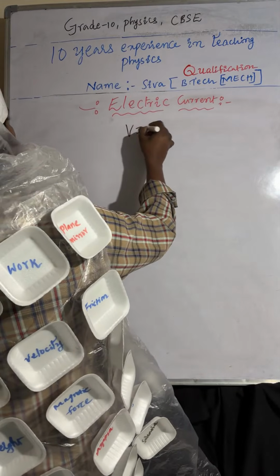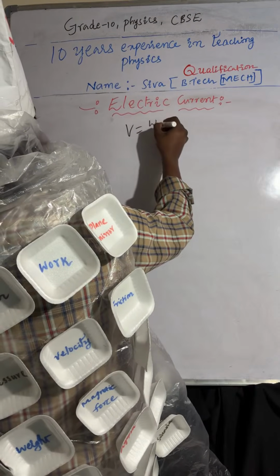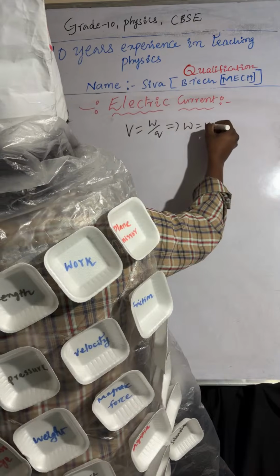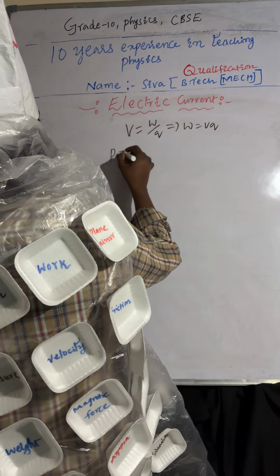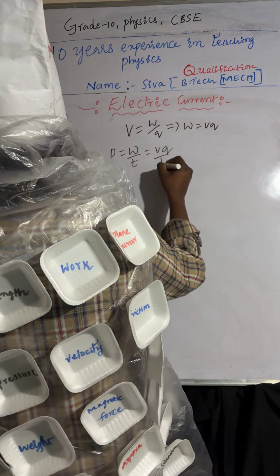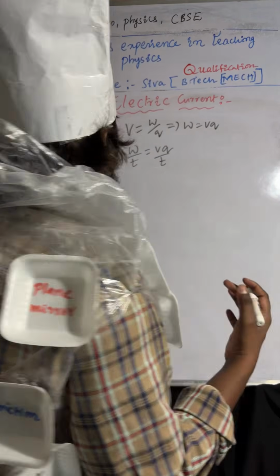So we know V equal to W by Q. From this, W equal to VQ. So P equal to W by T, that is VQ by T.